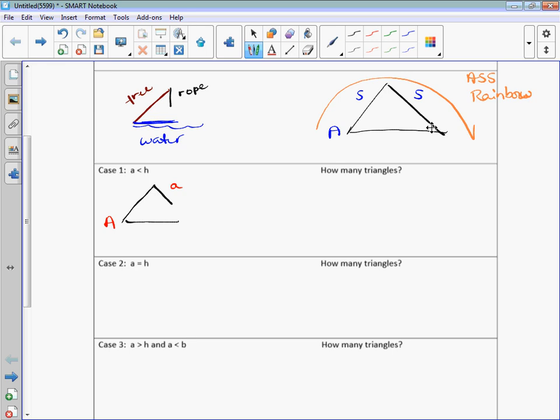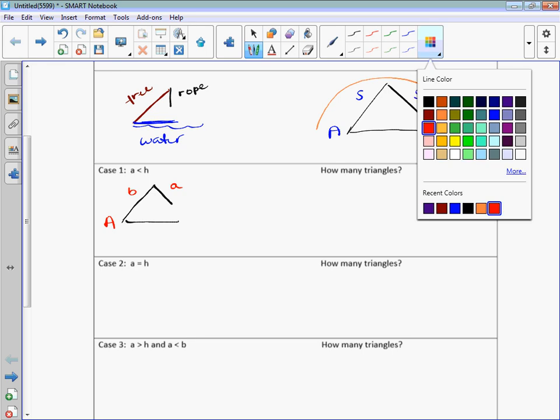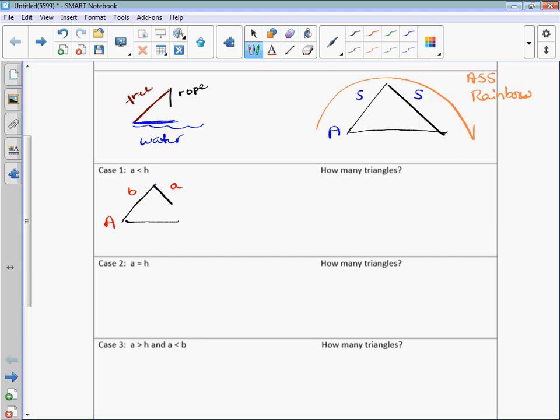And then the other one we know, again, just for consistency, this is going to be side B. We don't know anything about angle B. We don't know anything about angle C. The first case here says side A is less than your height. So let's draw in the height of our triangle here. That would be this guy, right? Just the perpendicular height.